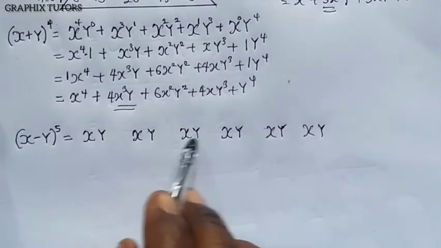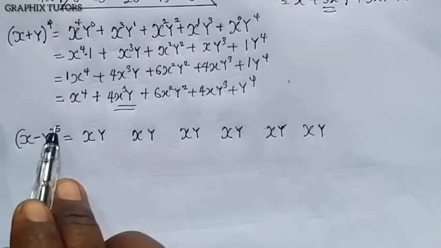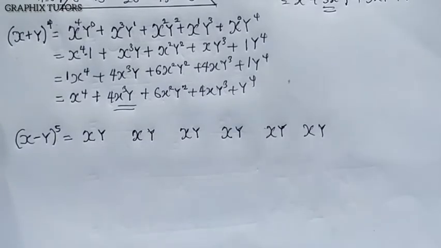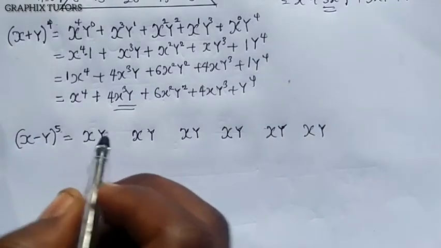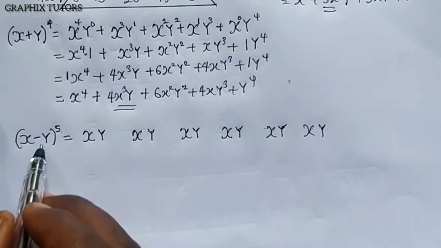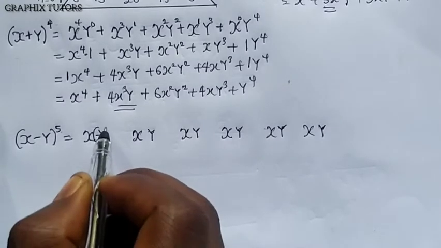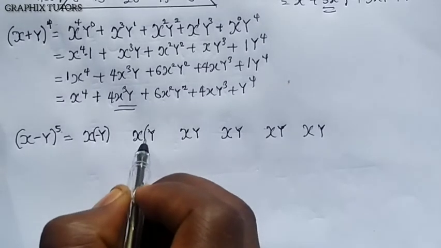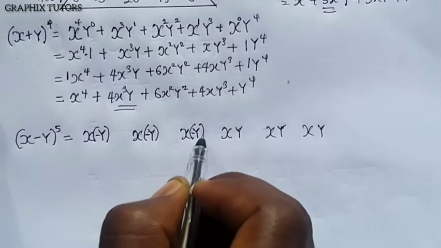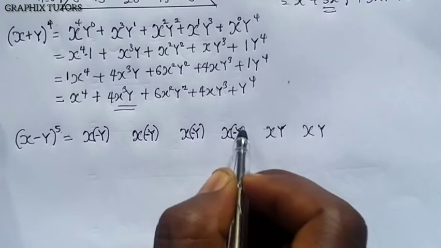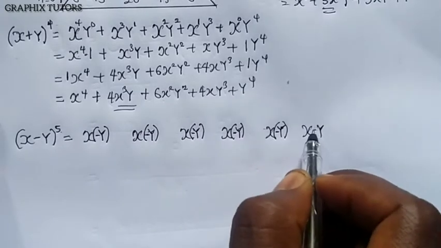This is 1, 2, 3, 4, 5, 6 because the power is 5. If the power is 6, I'll move it to 7. Now watch. The first guy is here, so what you see is this, minus y. So I'm going to place my minus where the y is, because the y has the minus close to it. Are we good? The owner of the minus is the y.